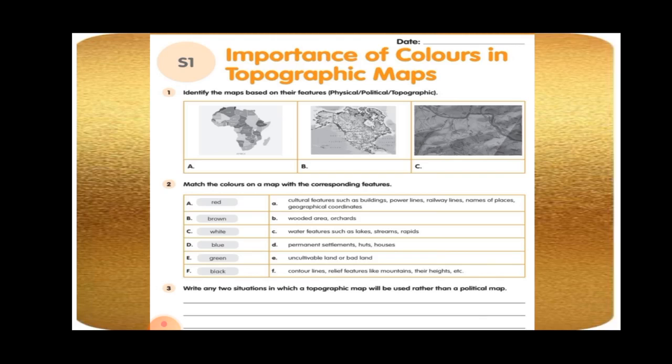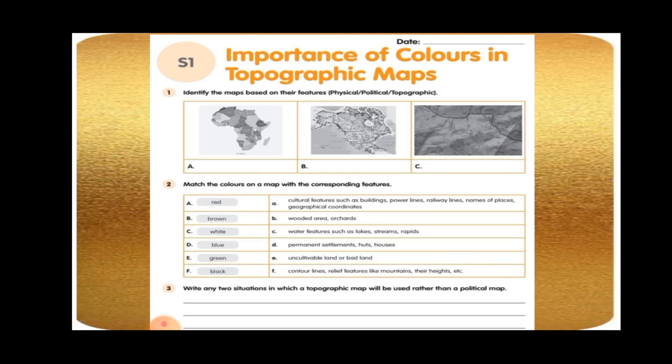A topographic map will be used rather than a political map when we need detailed information of a small area. A topographic map will also be helpful to compare with a political map when people are traveling and need specific locations.